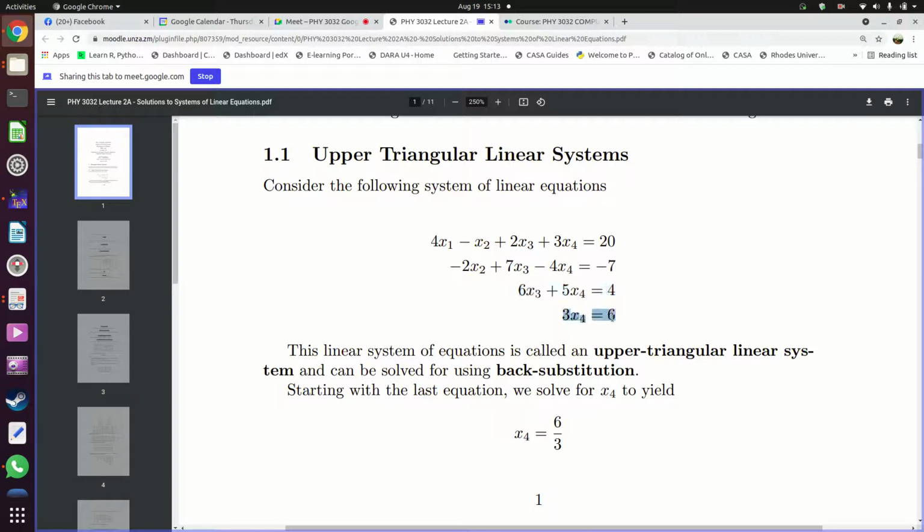This is what is referred to as an upper triangular linear system. Are we clear? Anything which looks like this is what is referred to as an upper triangular linear system. Are we clear? We are clear, sir. Yeah.